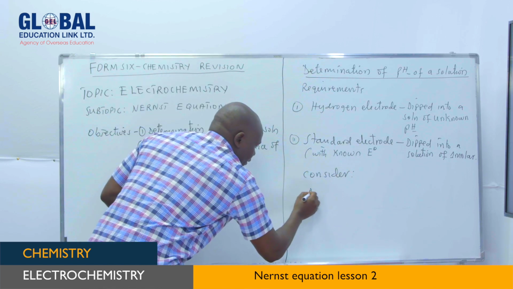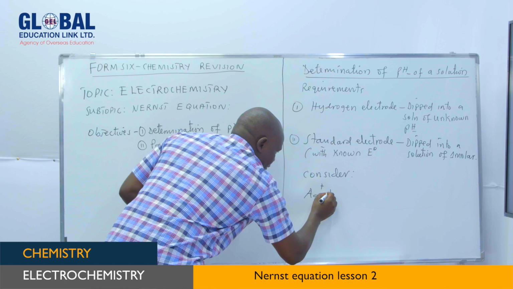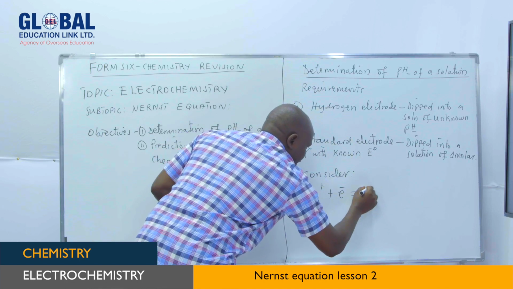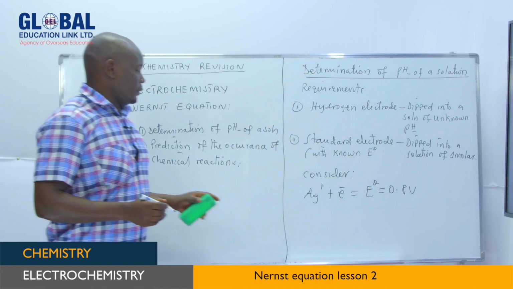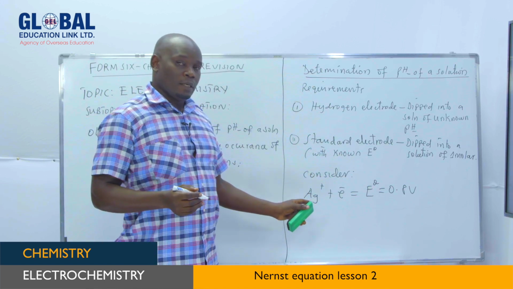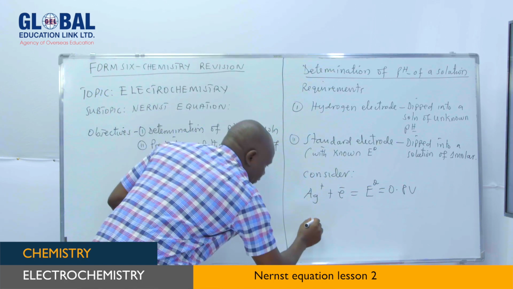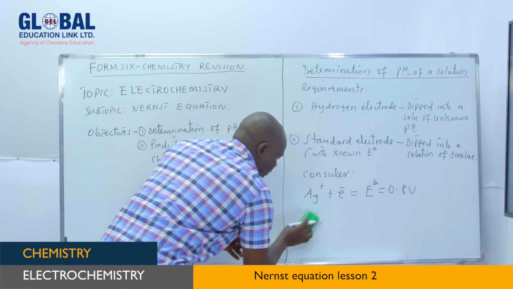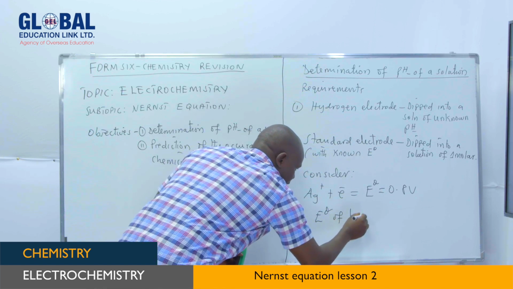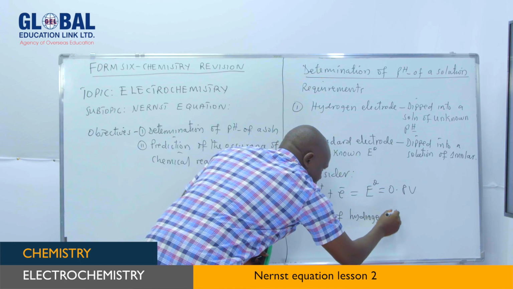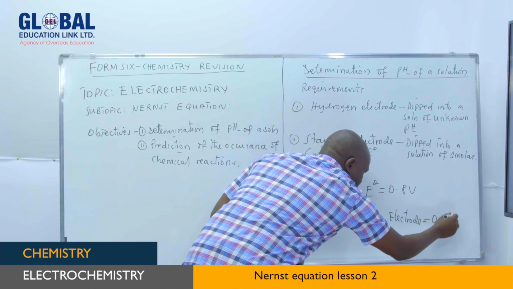Consider you have a silver electrode whose standard electrode potential is 0.8 volts, and you have the hydrogen electrode whose standard electrode potential is 0.00 volts.